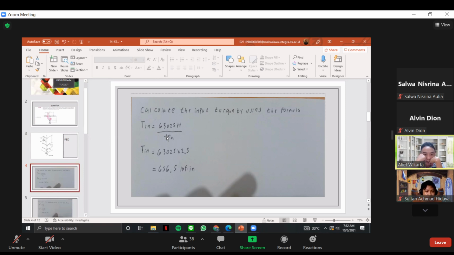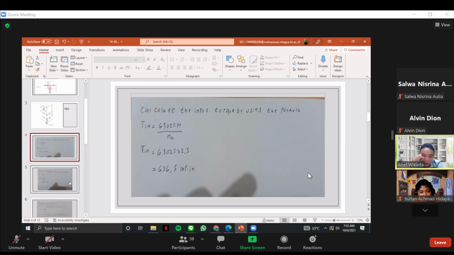What's the value for the speed of the pinion? 240 RPM, revolutions per minute. Okay, so next after you get the input torque.